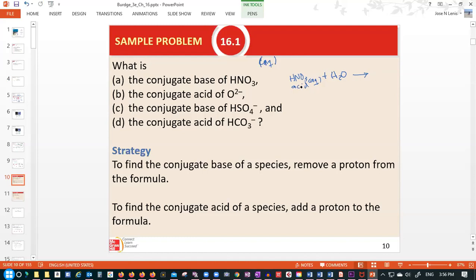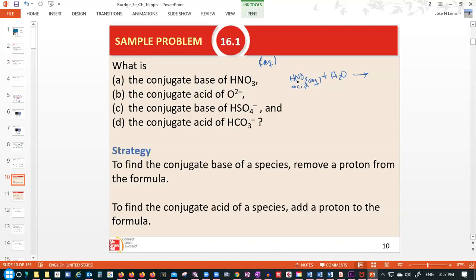If this is an acid, because that's what it's saying here, the conjugate base of this. So who forms a conjugate base? Only acids. Who forms a conjugate acid? Only a base. So this has to be an acid.